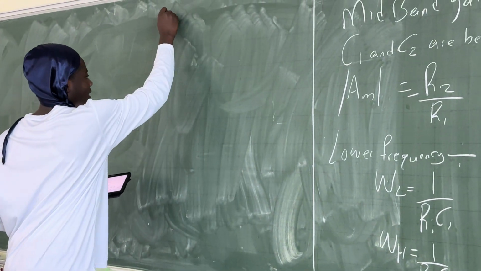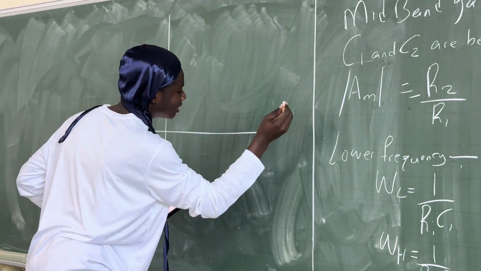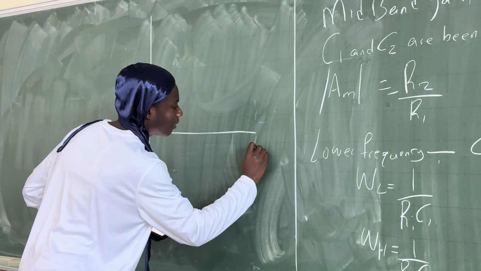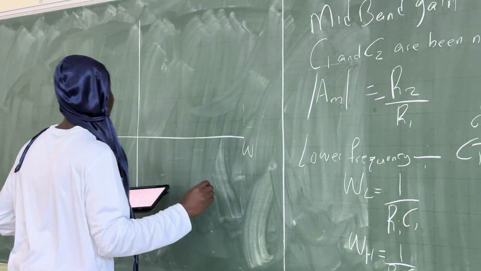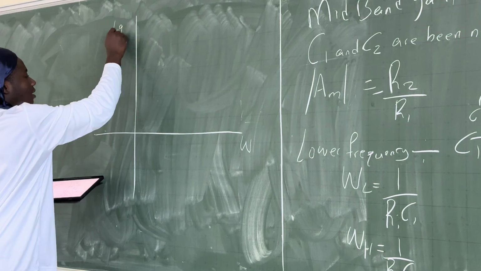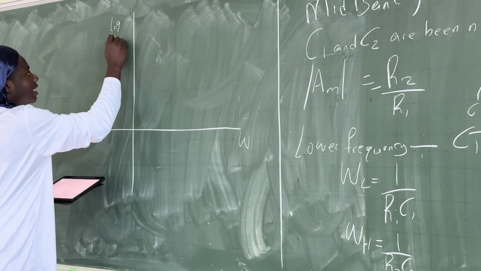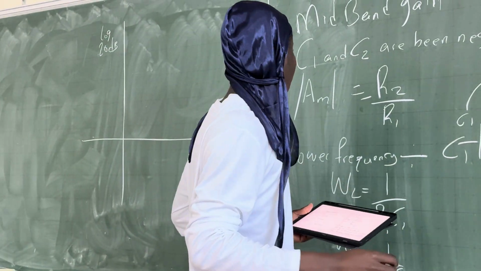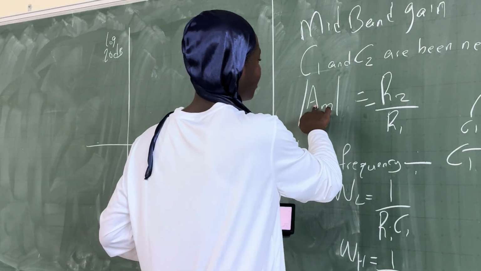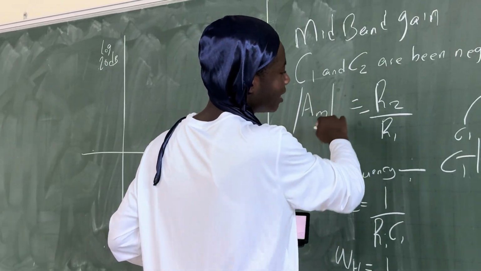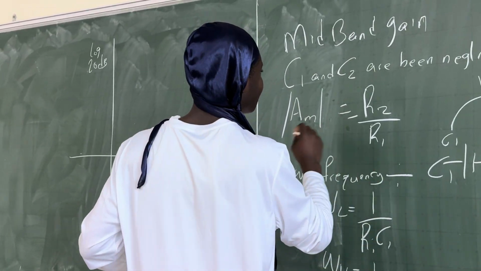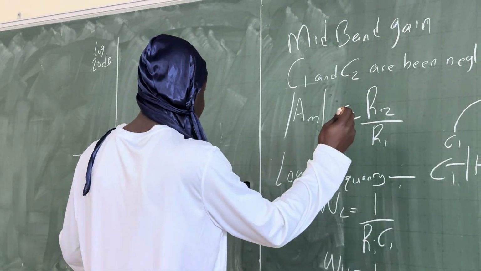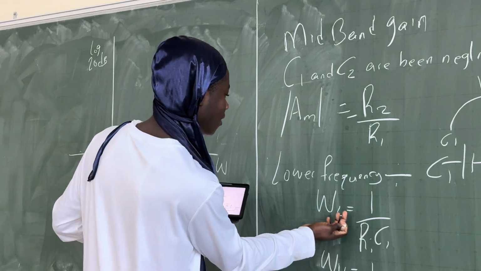It's by, of course, let's say this is the x-axis and this is the y-axis. Then we need to apply the W. Then this is log. Of course, we have 20 decibel, and the first thing we should take a look at is AM, which is the mid-band gain. Mid-band gain is between the upper and the lower frequency. So let's first consider the lower frequency.